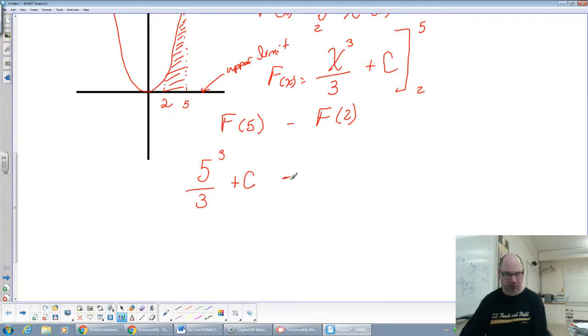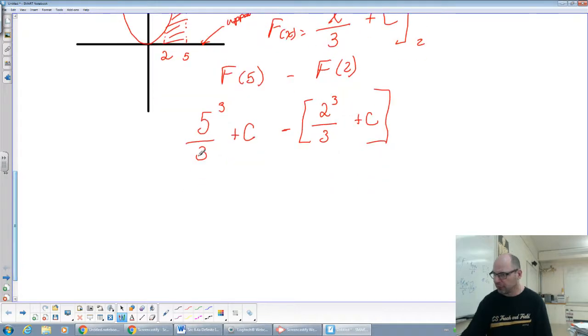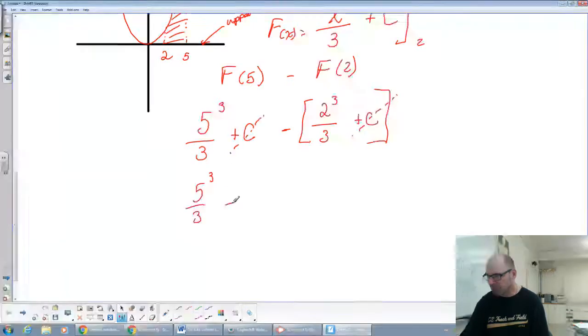Minus, now you have to be extremely careful to put everything in brackets so that you remember to distribute the minus to everything. And this would be 2 cubed over 3 plus c. You can see the c's are going to cancel out, right? So plus c minus plus c cancels out. So we got 5 cubed over 3 minus 2 cubed over 3.